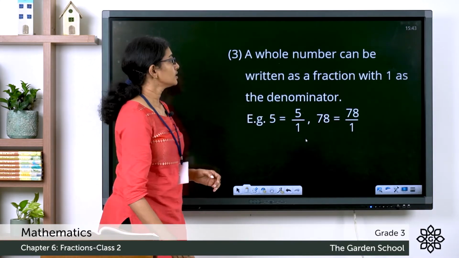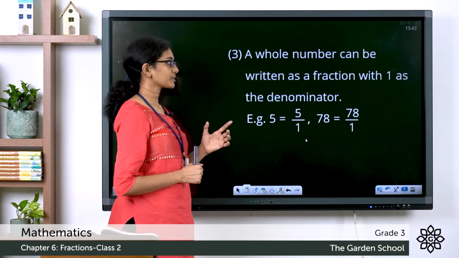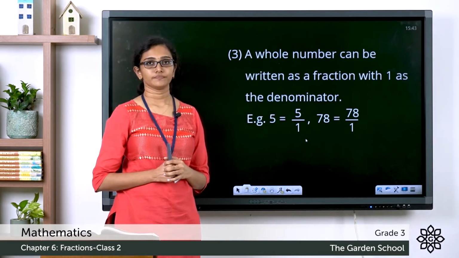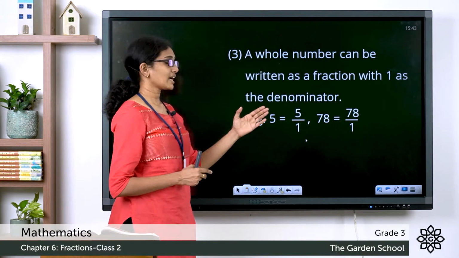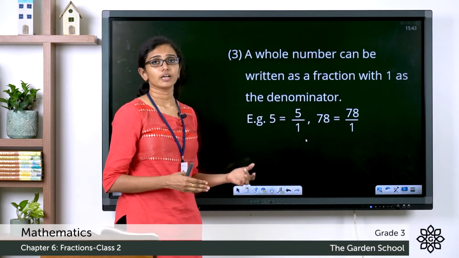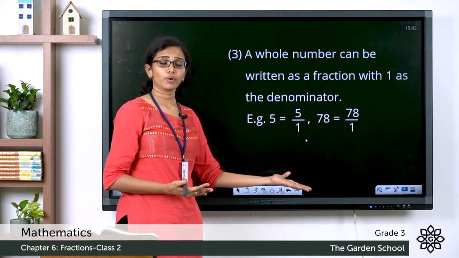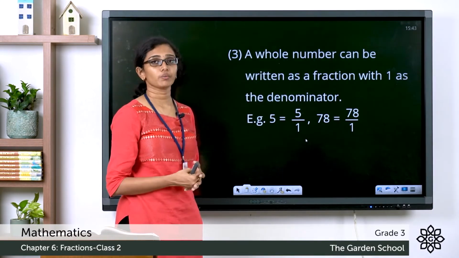Now, the next property says that a whole number can be written as a fraction with 1 as the denominator. It means that any whole number, 5, can be written as 5 by 1, or 78 is equal to 78 by 1. 99 is equal to 99 by 1. 100 is equal to 100 by 1, or 1 is equal to 1 by 1.